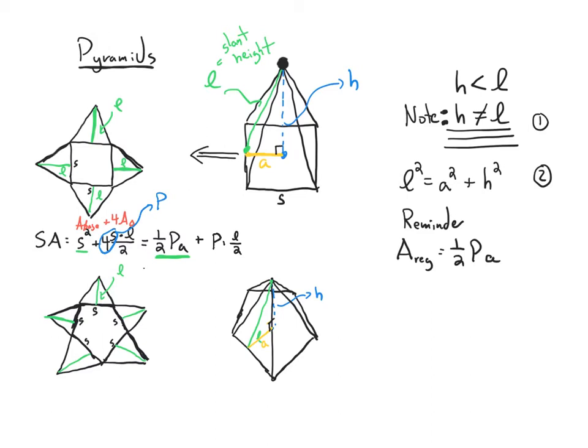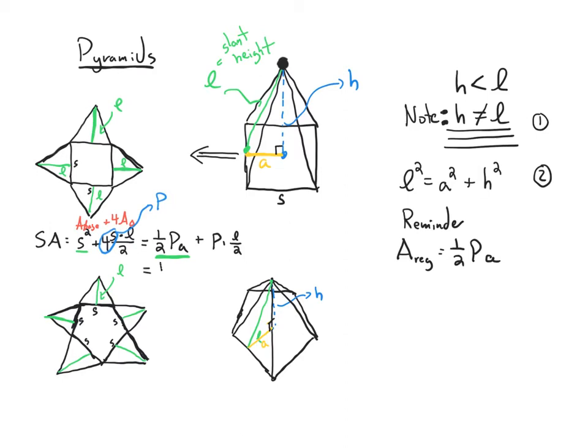And let's make this formula a little bit nicer. I see a factor of 1/2 p in both terms. Here's a p, here's my 1/2, here's a p, here's a 1/2. So let me factor that out. And what do I get?